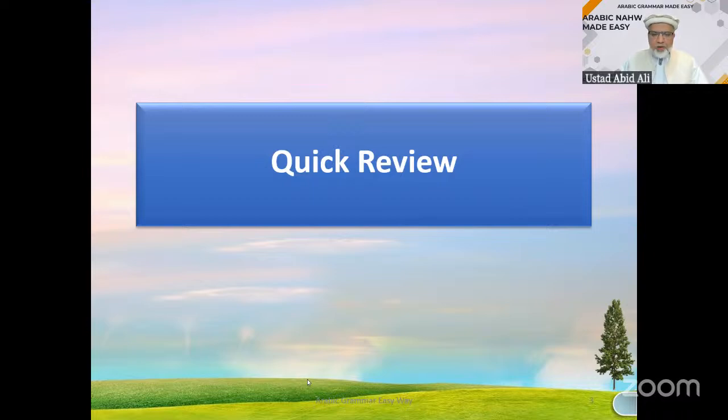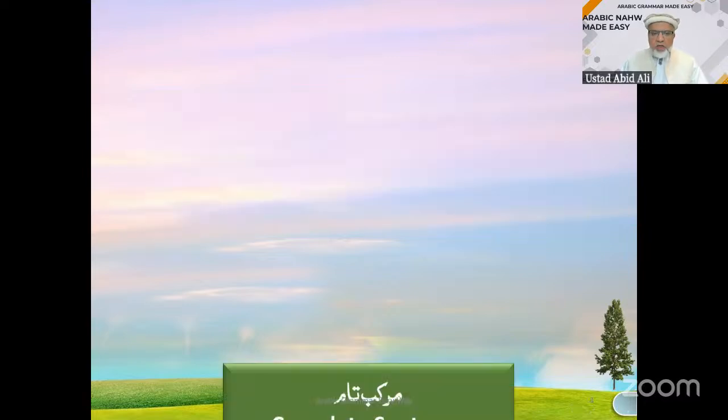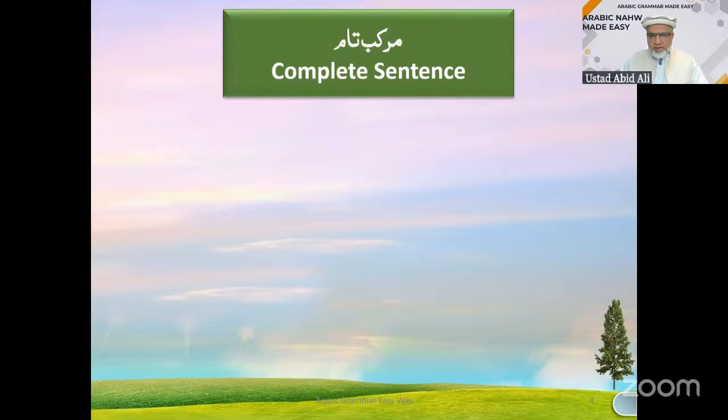Okay. All right. So let's do a quick review of what we have been doing. In this new class, our focus is on sentences. A sentence is a combination of words, and the combination in the Arabic language is known as the murakkab. We learned that there are two kinds of murakkabat, murakkab tam and murakkab nakis.